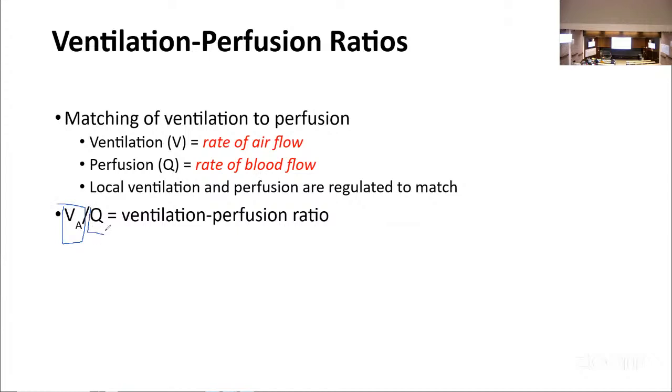I do not know why they used a Q for this, but rate of blood flow is on the bottom. So ventilation over top, perfusion below. We want to regulate these so that they match each other, so that we are effectively breathing in air and doing our gas exchange. We need both fresh air and fresh blood to carry those gases.